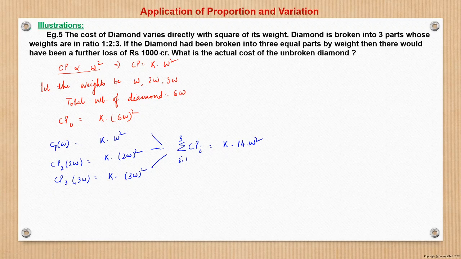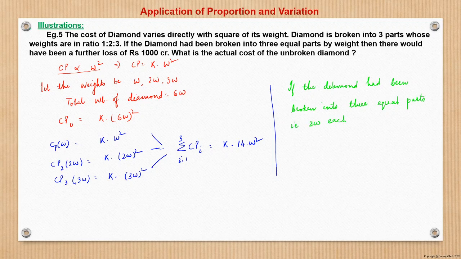Now it is said that if the diamond had been broken into 3 equal parts, right? That is 2W each. Total weight is 6W, 3 equal parts, so 2W each.